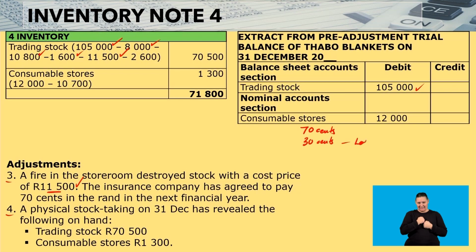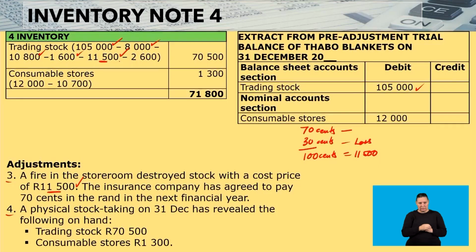This becomes our loss of stock due to fire, and this one will become the receivable amount from the insurance company. However, the entire amount, the full 100 cents, which is equal to the 11,500, must be subtracted in my inventory. The total cost of the stock destroyed must be subtracted. That is what we did here.